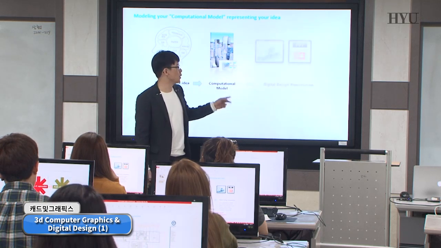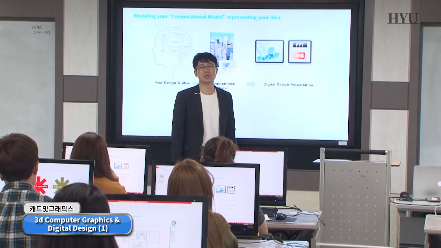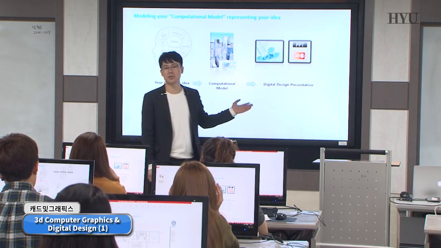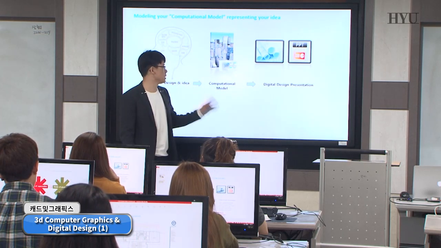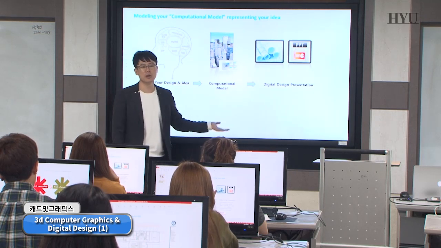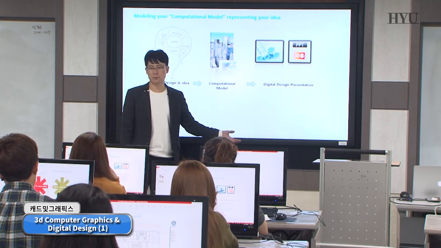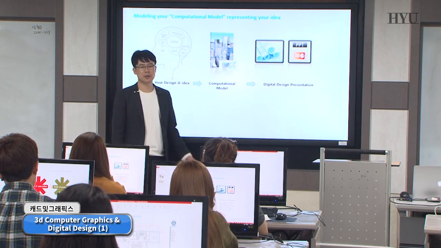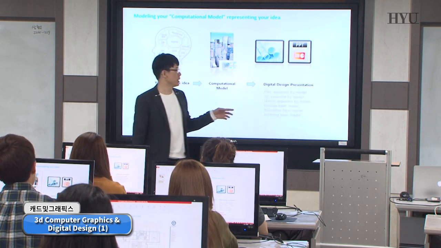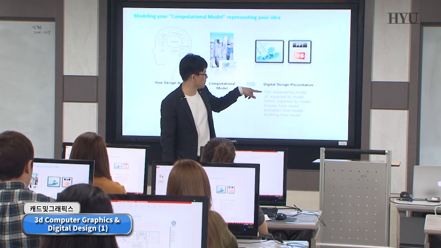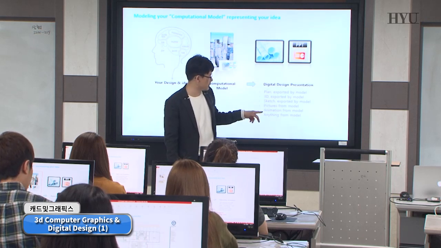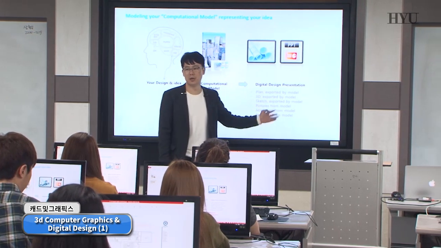For what? For digital design presentation. Why is this one presented? Simply because this is supposed to be realized in the real world for someone else, okay? If you are a designer. That is why we need to extract plans, 3D sketches, pictures, animation, anything from the model, okay?